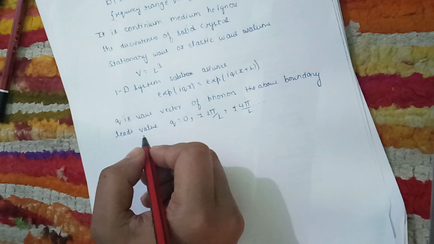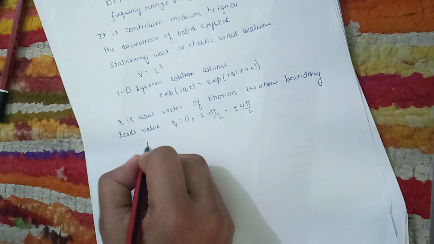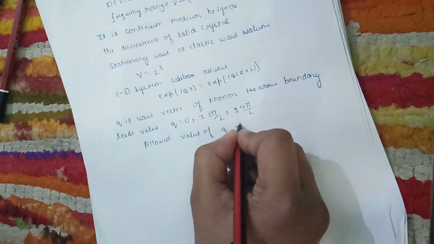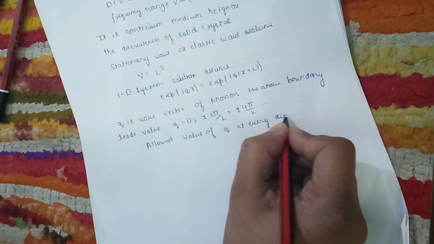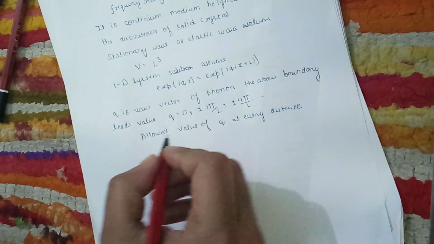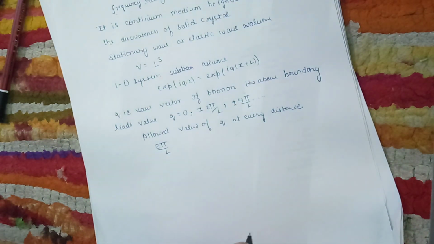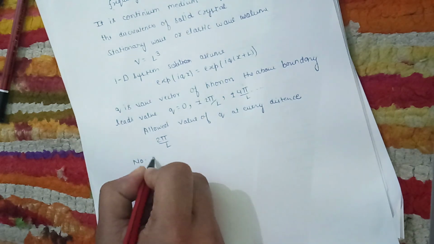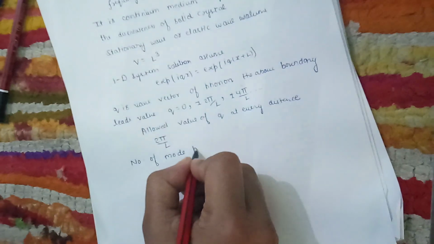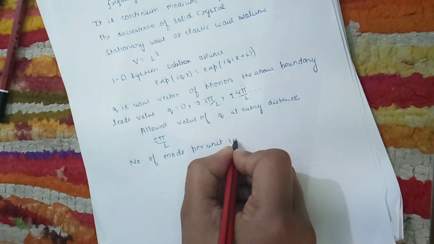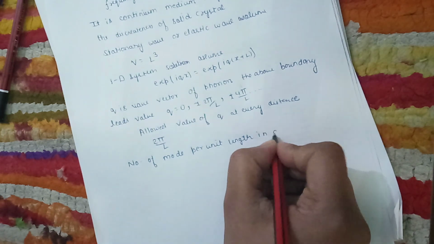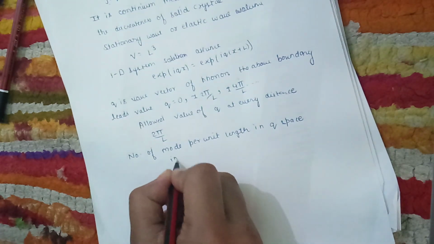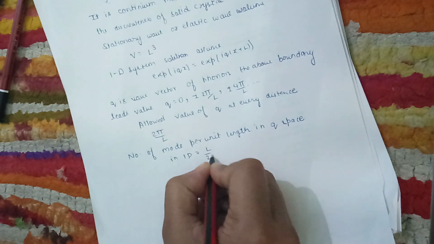It means the allowed values of q are at every distance 2 pi by L. The number of modes per unit length in q space, or density of states in 1D, is equal to L by 2 pi.